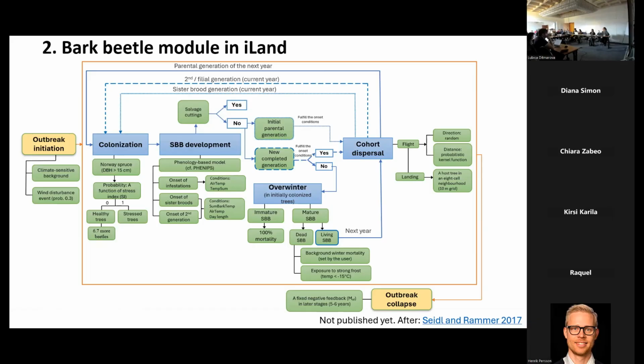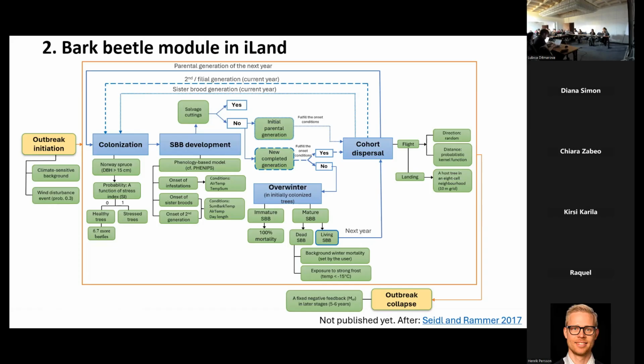Some are pretty general, for example the light availability index, which is commonly valid, or radiation. But then the problem that I found, and we will talk about this later, is that in the spruce bark beetle module, some things are easy to change in the parameter file, but some things are in the black box of iLand. So you need some programming skills to make those changes.